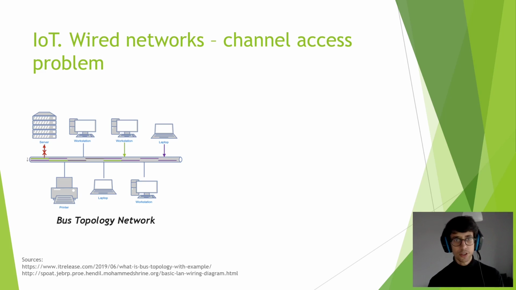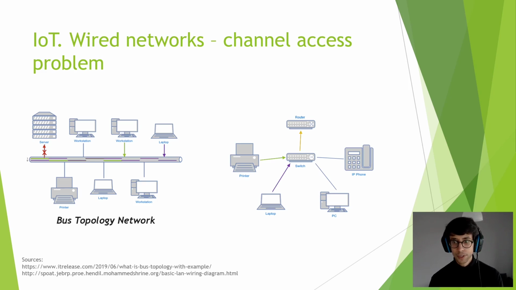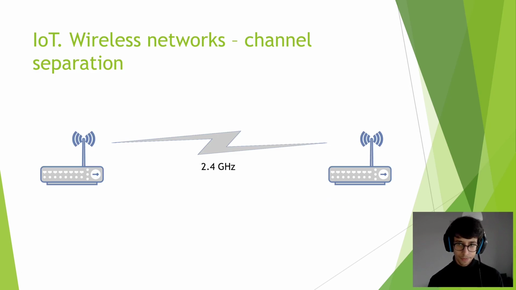This problem has been solved, or rather circumvented, in wired connections. Most of the Ethernet LAN networks now operate in another manner. Each of the devices in the network is connected with a dedicated wire to a centralized device called a switch that handles the simultaneous transmissions.